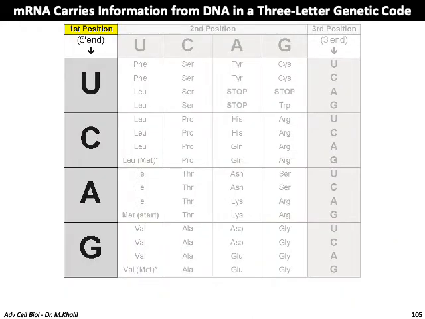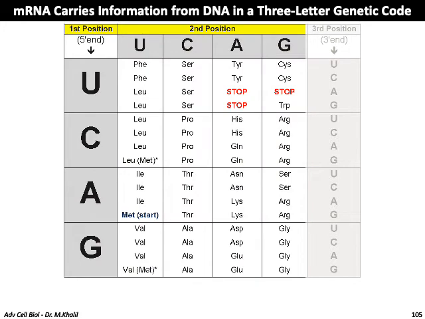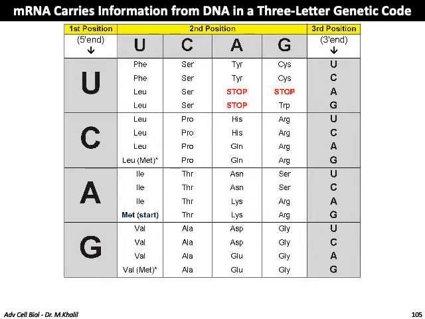Here you can see the table that dictates the codes for the amino acids. The first column represents the first position of the codon. These four columns represent the second position, while the last column represents the third position.